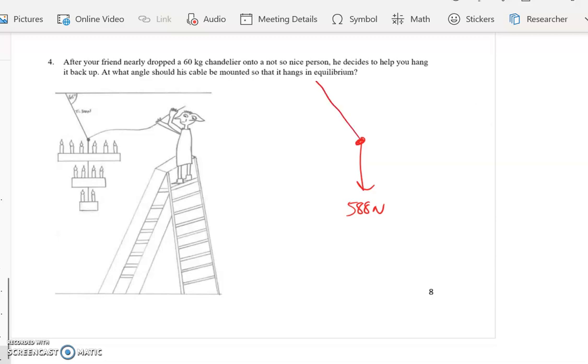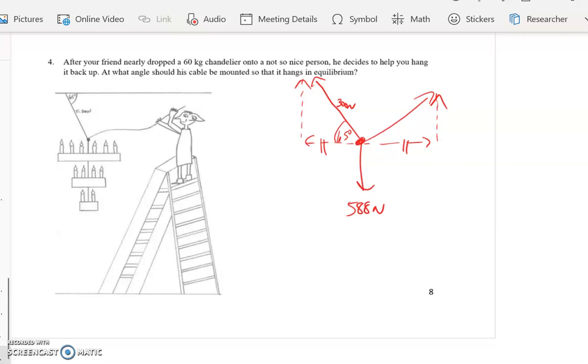You've got one cable up and to the left whose tension is 300 newtons. It gives you that top angle, which is the same as the angle in this triangle, 65 degrees. And you're going to hang another cable to try and keep this in equilibrium, which means your x components have to be the same, and your y components add up to 588.